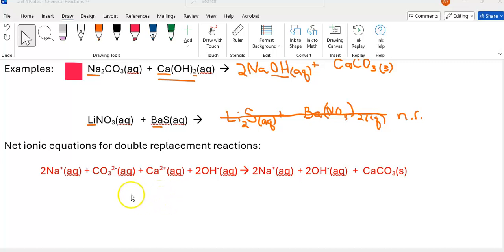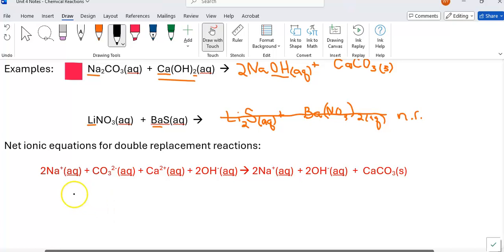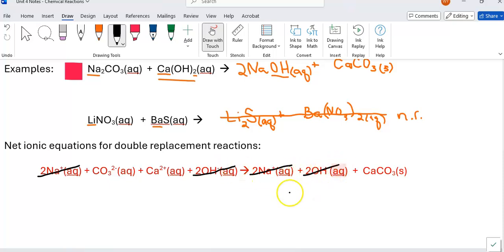Okay, so this is not quite the net ionic equation, but this is the complete ionic equation. And if we cancel spectator ions at this point, it looks like I have 2 aqueous sodiums on the left and those same 2 on the right, and I also have 2 aqueous hydroxides on each side.